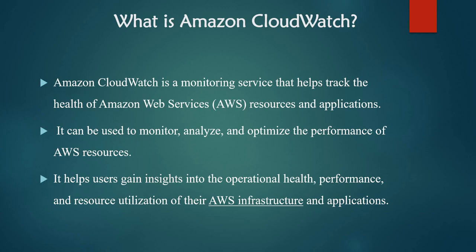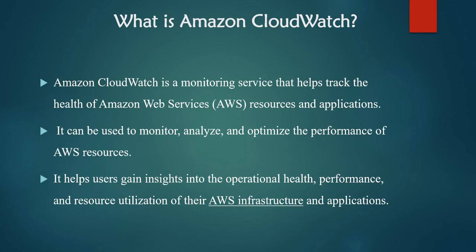What is Amazon CloudWatch? Basically, we use Amazon CloudWatch for monitoring and tracking AWS resources and applications and analyzing performance. It helps with performance, resource utilization, and AWS infrastructure. So let's see the definition.